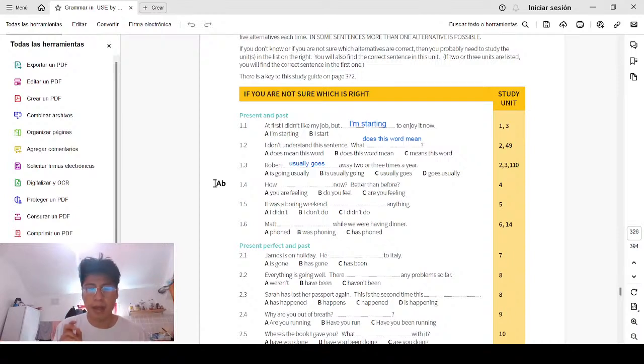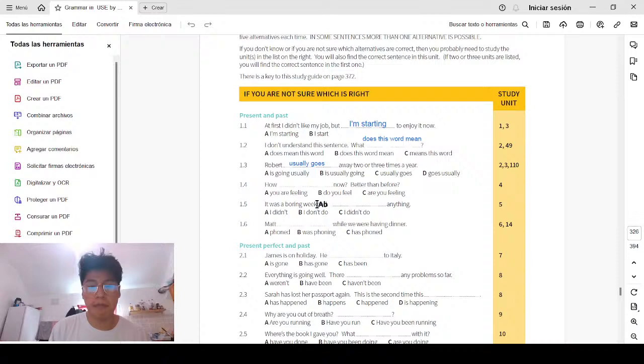So, how are you feeling now? Better than before, or maybe how do you feel now? Better than before, or how are you feeling now than better before? First of all, we have to remember the structure of the question. In this case, it's a question word: how, auxiliary, subject, and verb.